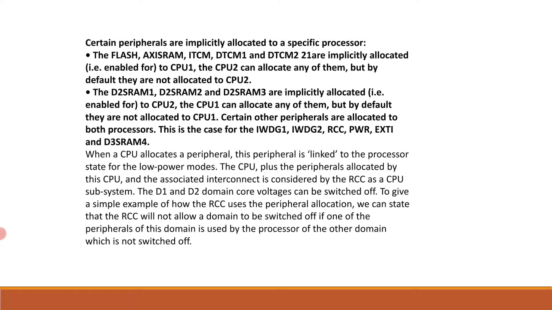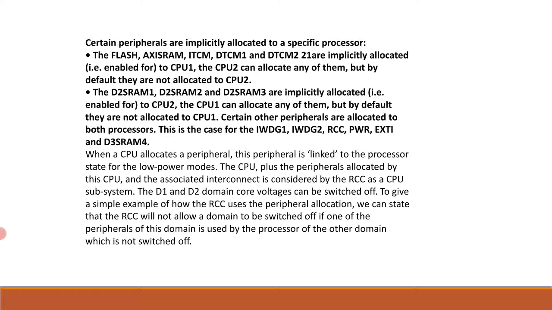The D1 and D2 domain core voltages can be switched off. To give a simple example of how the RCC uses the peripheral allocation, the RCC will not allow a domain to be switched off if one of the peripherals of this domain is used by the processor of the other domain, which is not switched off.